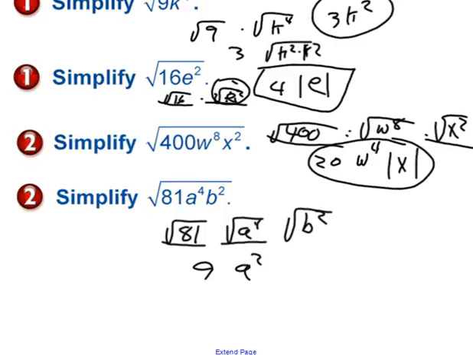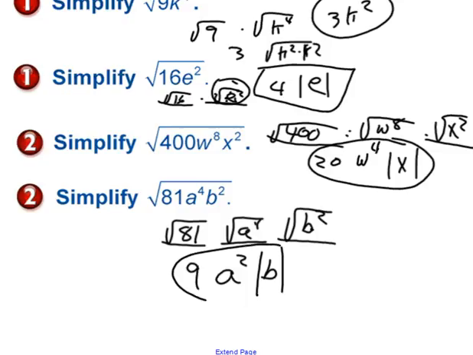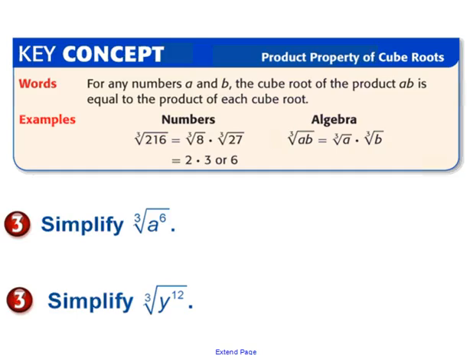Let me write these a little bit clearer so that they're easier to read. 9, and then a squared. And then the square root of b squared is b, but it's the absolute value of b, because squaring something makes it positive, taking the square root makes it positive, so I must take the absolute value of b. So even if I plugged in a negative value for b, we would always get a positive answer.